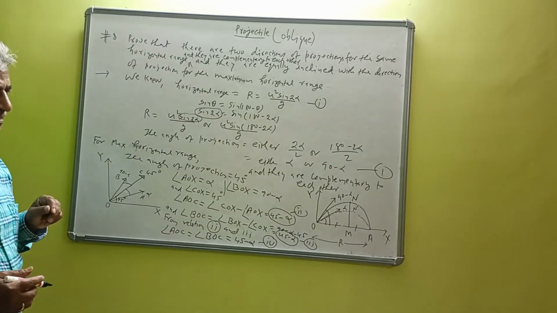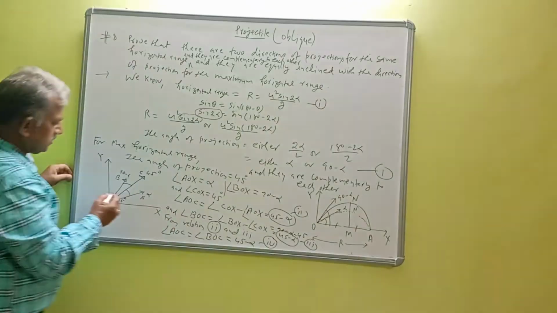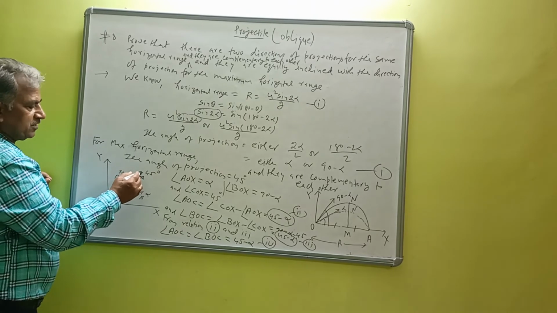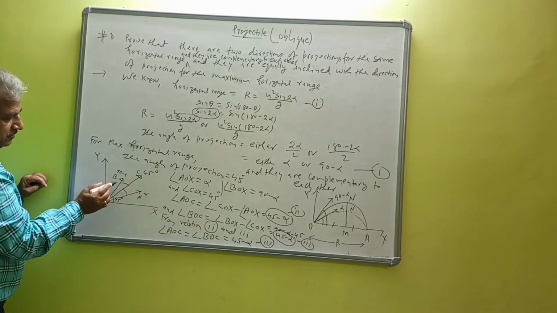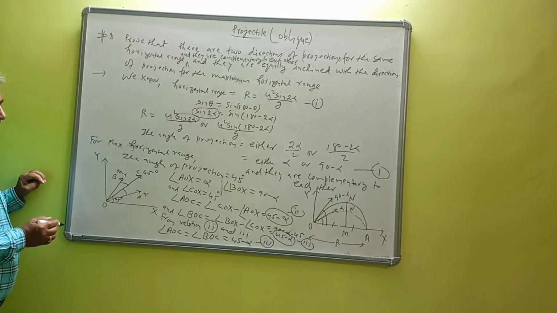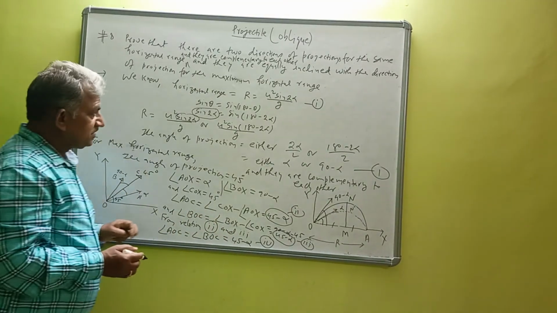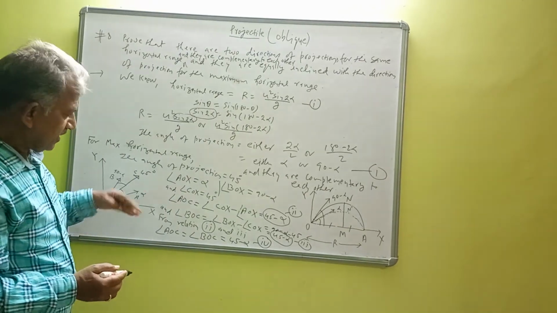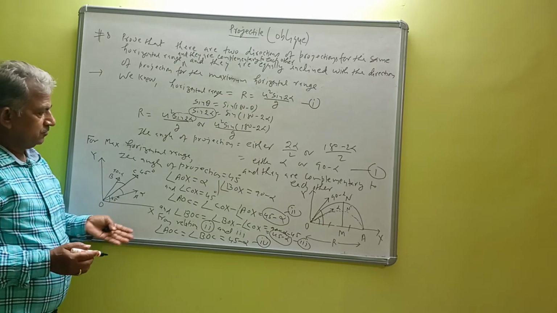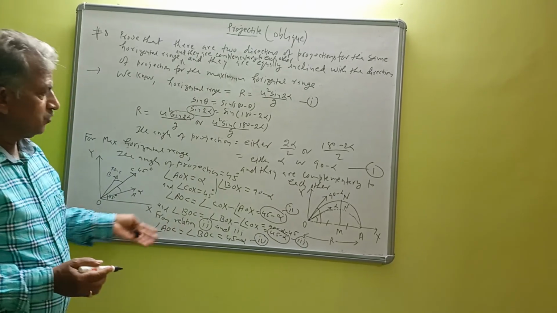That was the first part of this concept, and the second part is that these directions of projection, with respect to the direction for the maximum horizontal range, are equally inclined, meaning they make the same angles. So this finishes this eighth concept, and the next video will be concept number 9.